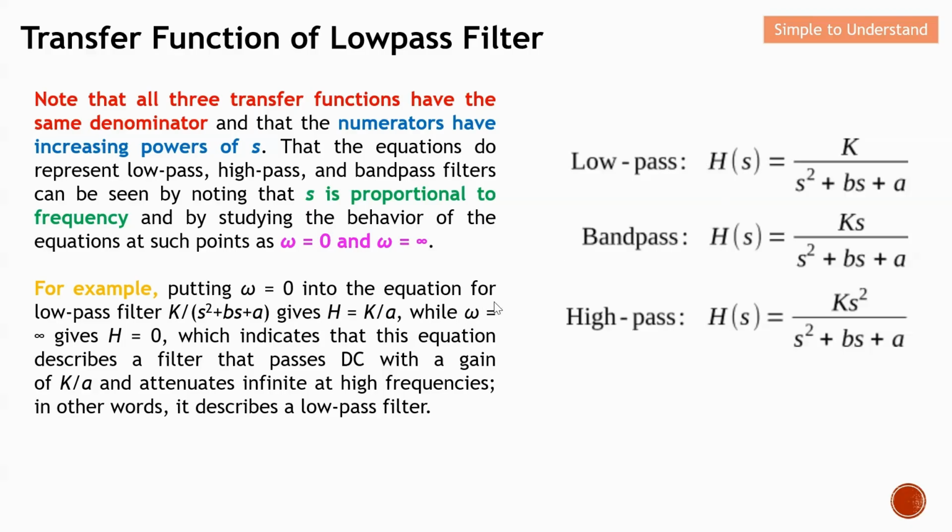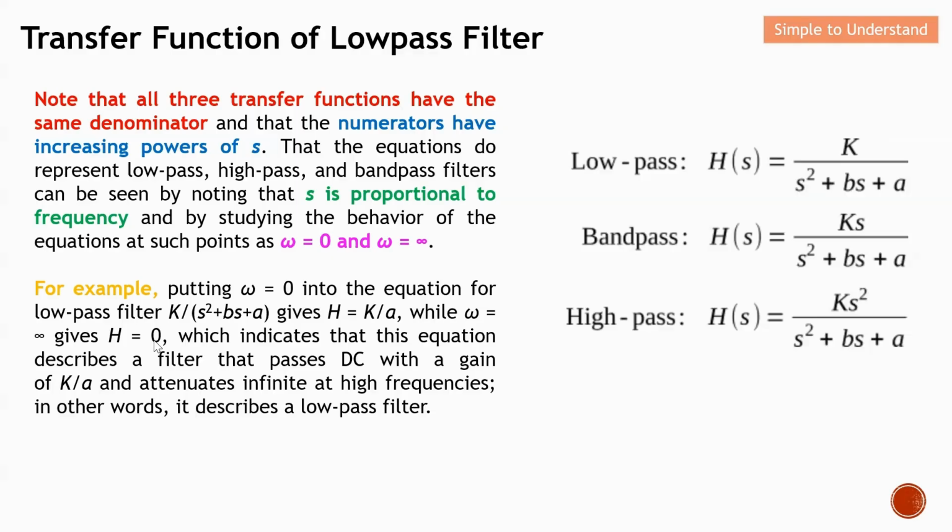When omega is equal to infinity, which means high frequency, again imagine that this S can be replaced by j omega, and you replace omega with infinity here and another infinity here. Any number divided by an infinite number will be very, very close to 0. So therefore, you can see that the transfer function will be equal to 0.